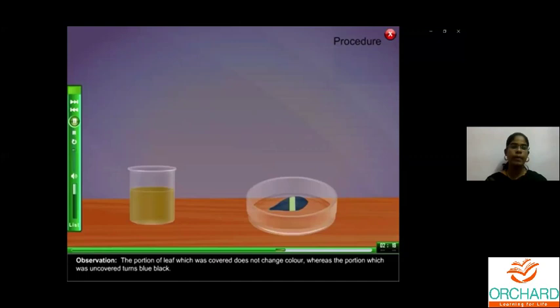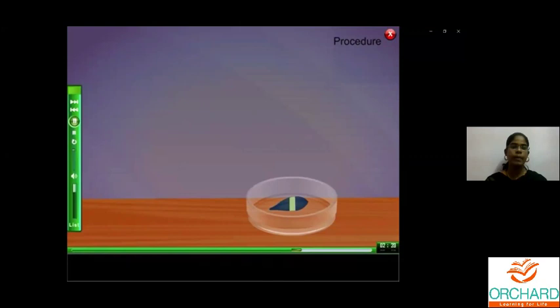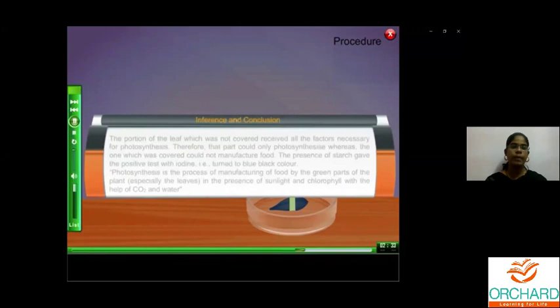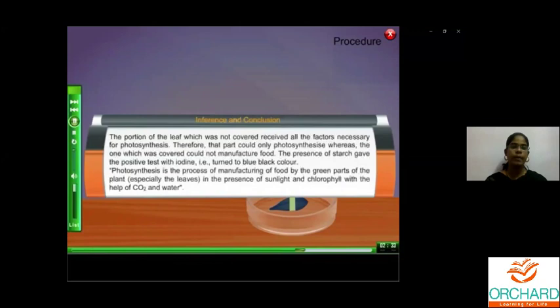Observation: the portion of leaf which was covered does not change color, whereas the portion which was uncovered turns blue-black. Inference and conclusion: the portion of leaf which was not covered received all the factors necessary for photosynthesis.